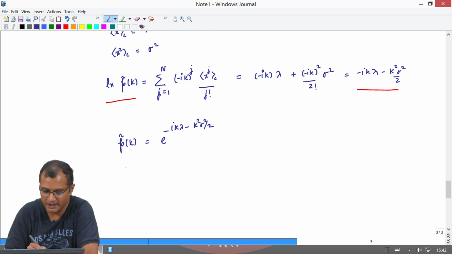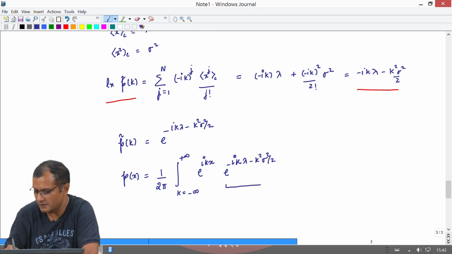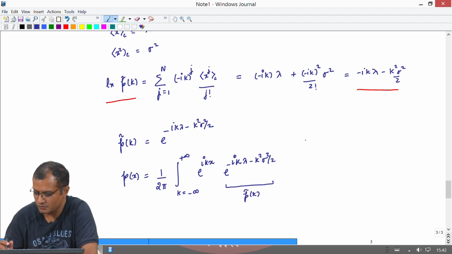Now, once you have p of k, you can compute p of x by an inverse Fourier transform and get your PDF. So, this exponential is nothing but my p of k, whose inverse Fourier transform I am taking right now.